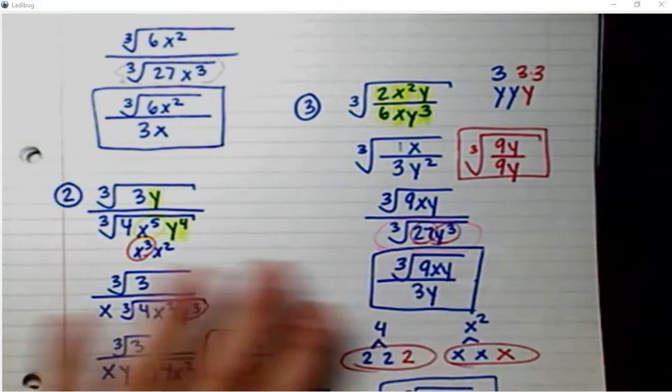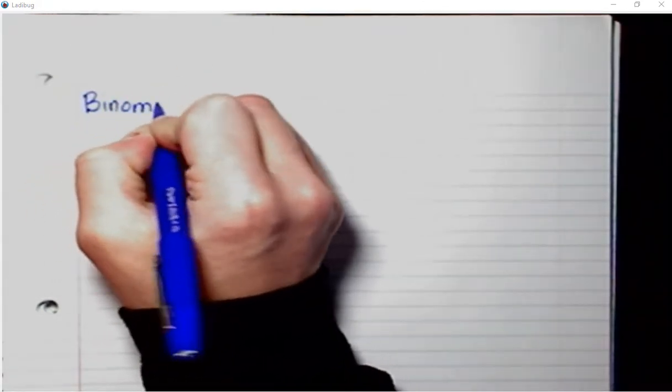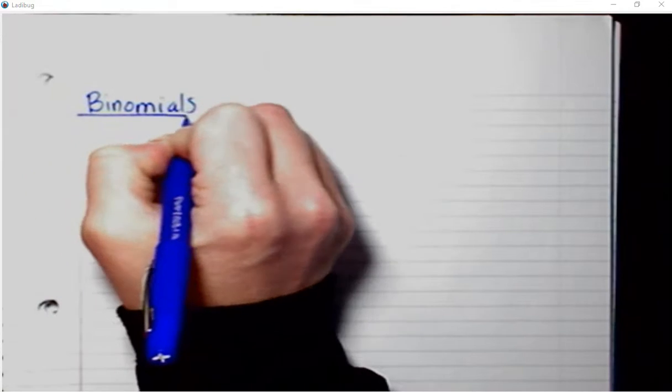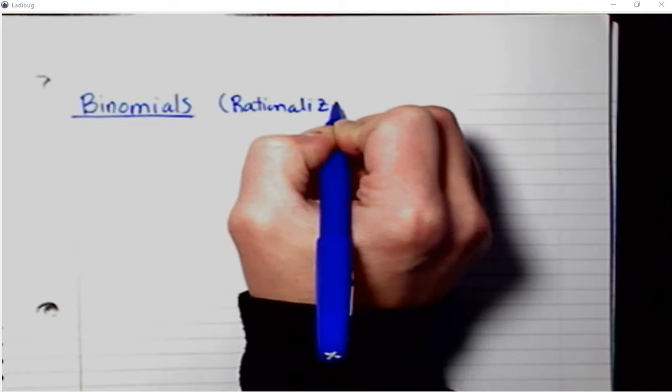There we go. I'm going to do one more problem. This is it. This is your last problem, though. Binomials. What? Rationalize. Right, we're still rationalizing here.